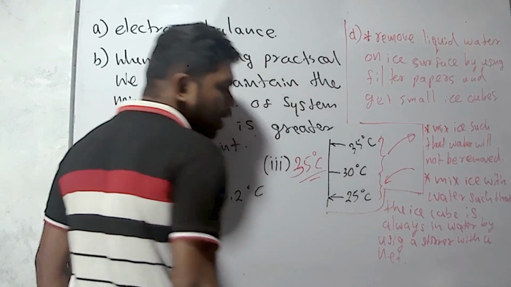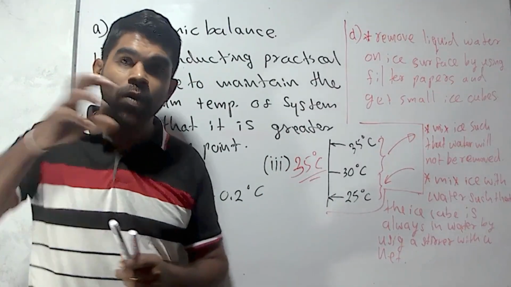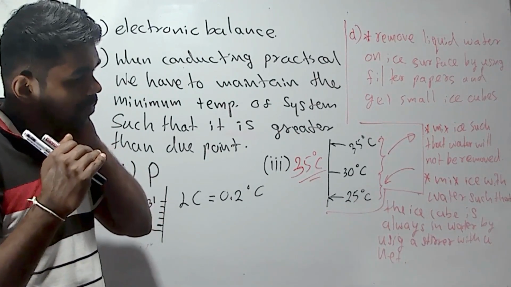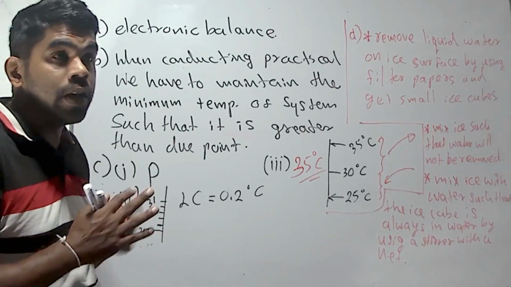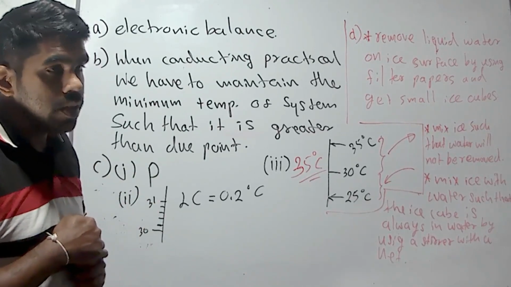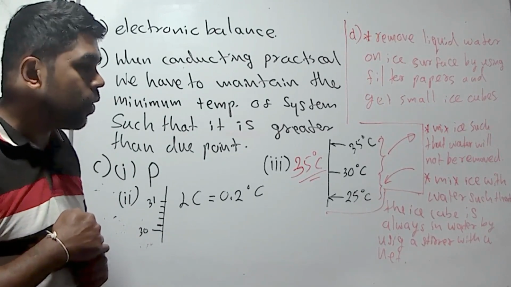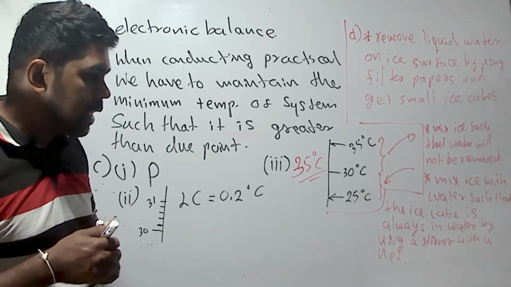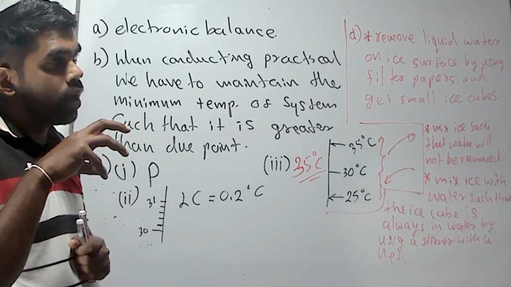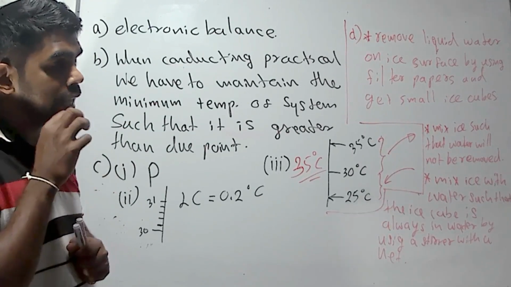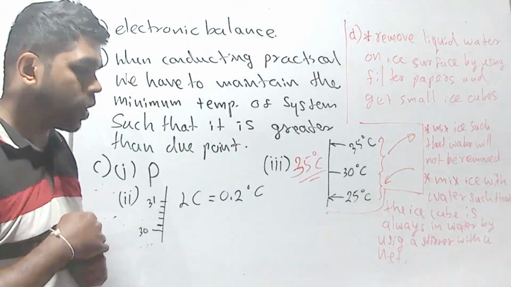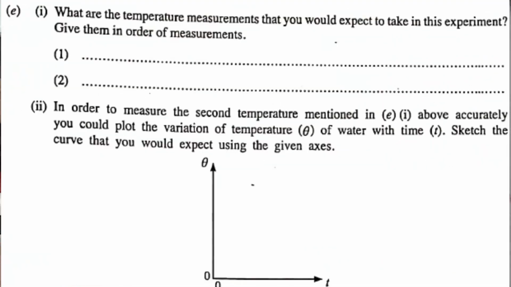We know that when ice is put into the water, ice will not be immersed fully. It will be floating on the water surface. Therefore, we have to use the stirrer with the net to mix ice and water such that ice is immersed in water.